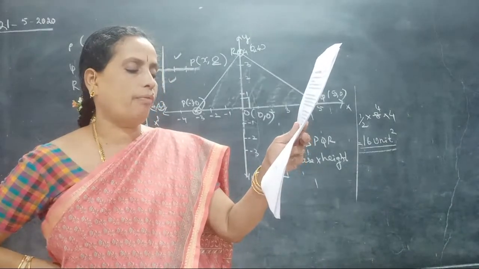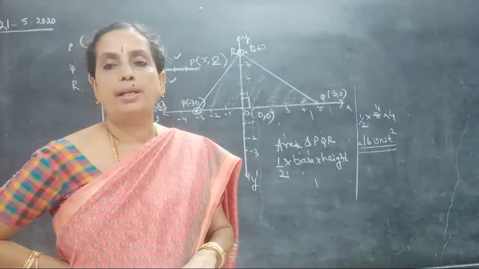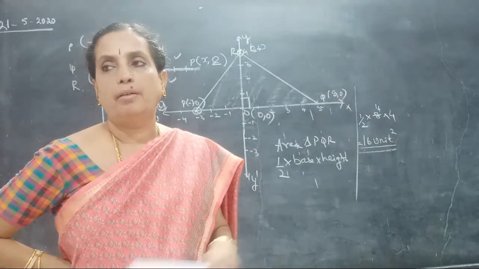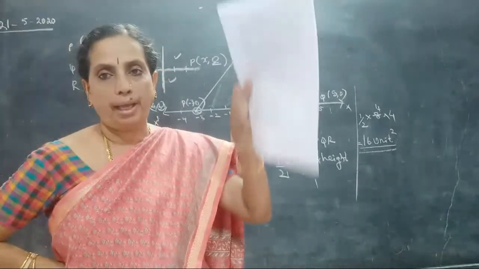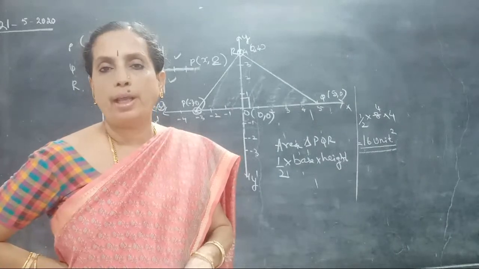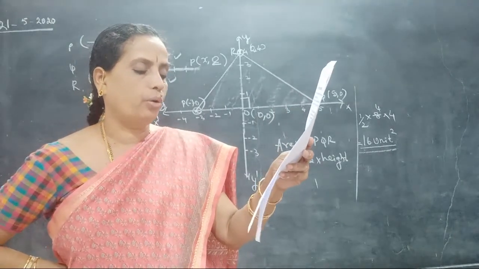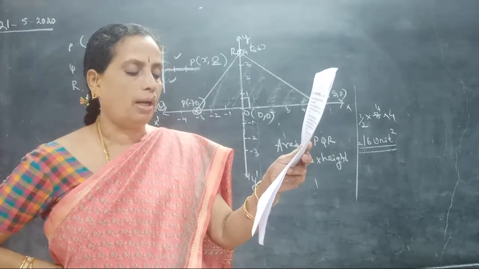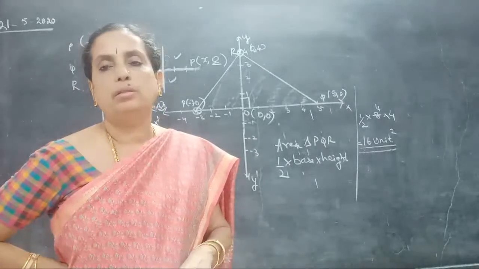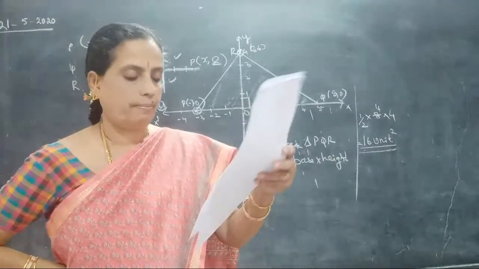The distance of the point from the y-axis is called the x-coordinate. From the x-axis it is the y-coordinate. The points (20, 0), (30, 0), (40, 0) lie along the x-axis.